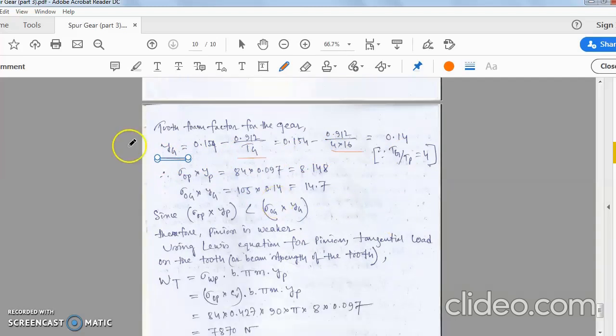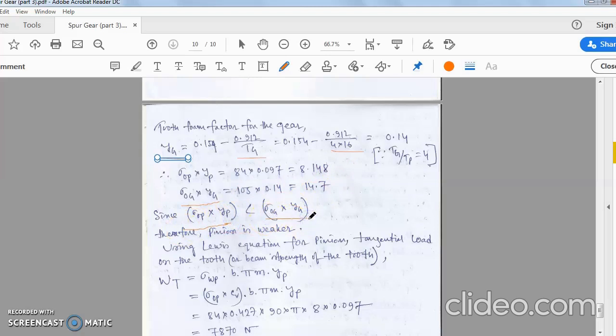I have already told you that when the two gear materials are different, what is the criterion for deciding on which part the Lewis equation will be applied? Sigma OP into YP, and once again sigma OG into YG. Now we look at which is less. Sigma OP into YP is less compared to sigma OG into YG.